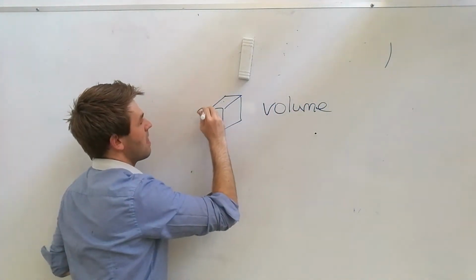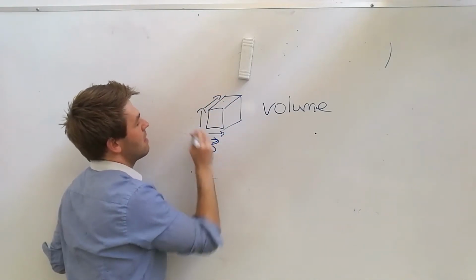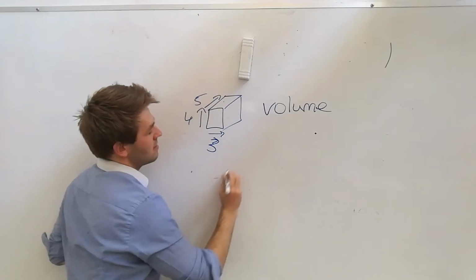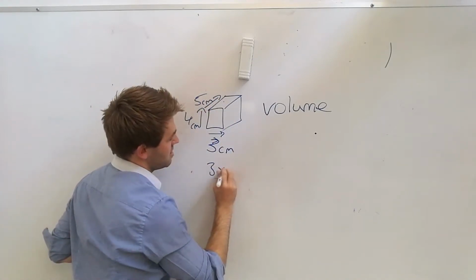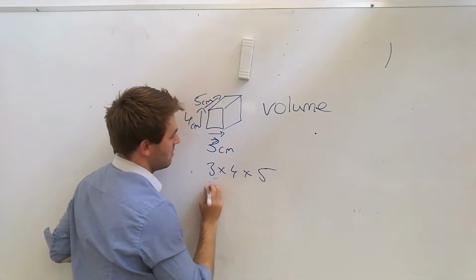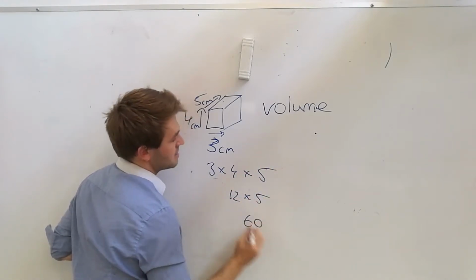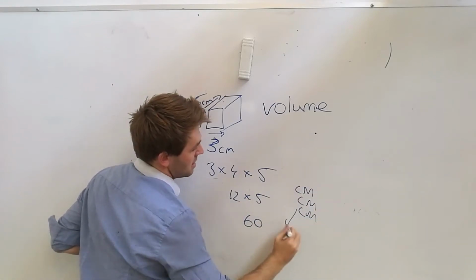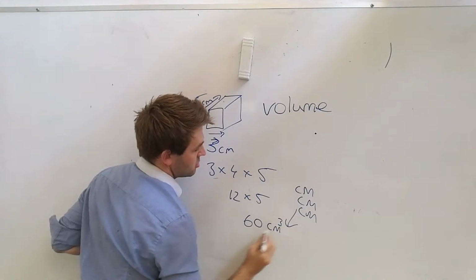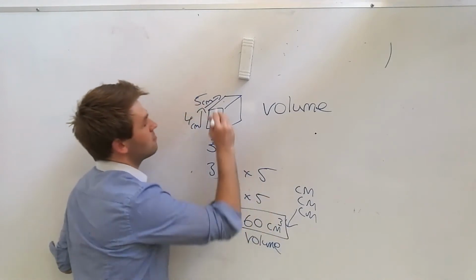Measuring these 3 sides could be 3, 4, and 5. Let's say it's centimeters. And I would do 3 times 4 times 5. 3 times 4 is 12, times by 5 is 60, and then centimeter, centimeter, centimeter is centimeters cubed. That there is the volume for this.